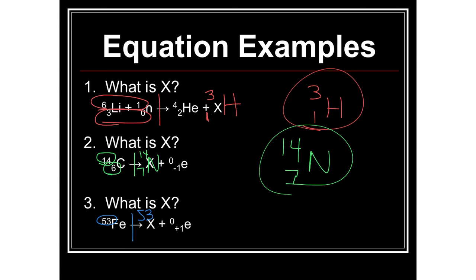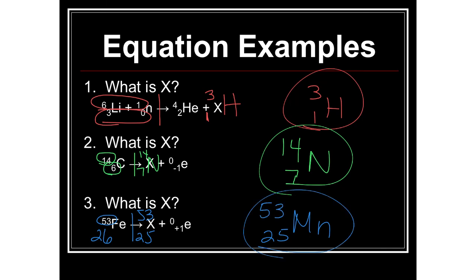Iron has an atomic number of 26, so we fill that in. And then X would have to be 25 because 25 plus 1 equals 26. So our missing element is Mn because that's atomic number 25 with a mass of 53.